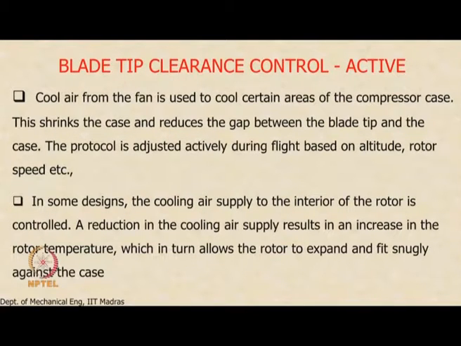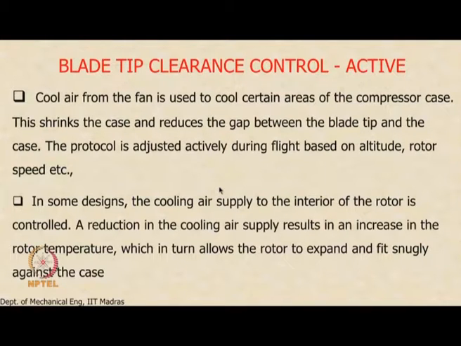This is done actively during flight based on settings like altitude, rotor speed, flight speed, engine condition and so on, so that the tip clearance is always maintained at optimal value.